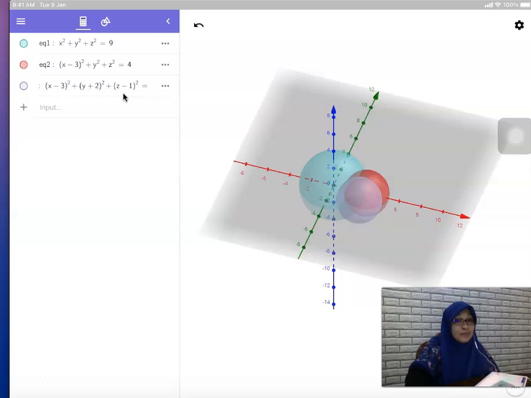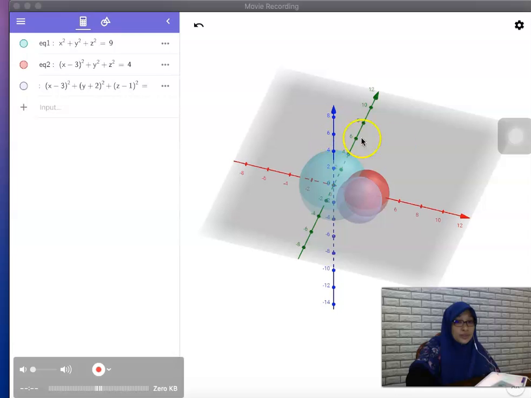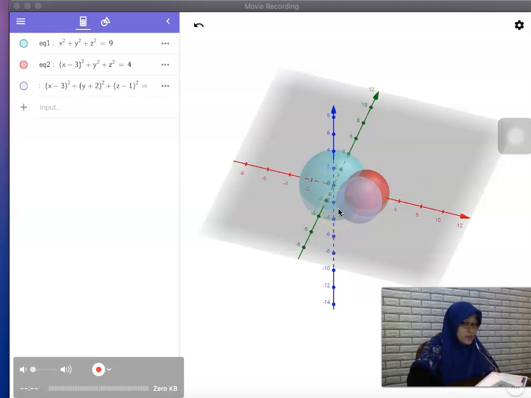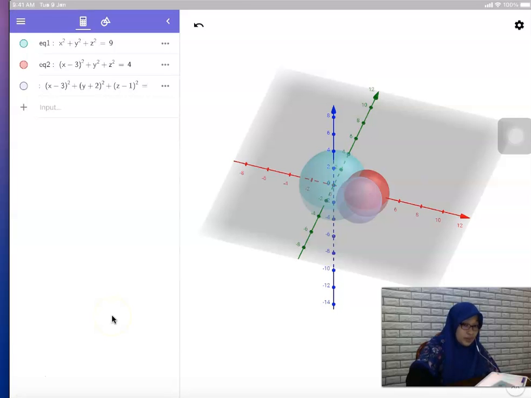But for practice, to understand what the sphere is all about, it is good for you to play around with this graph. For exam sake, you are not allowed to refer to this. So this is using a 3D plotter.